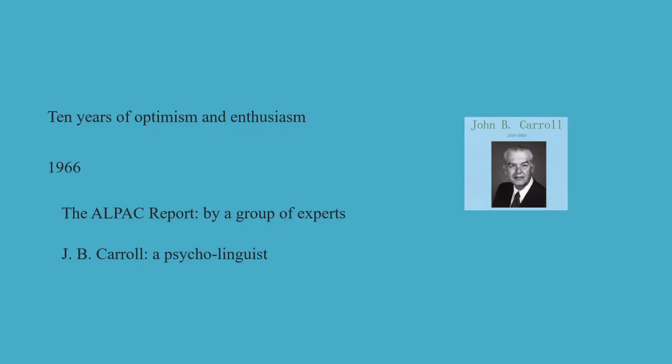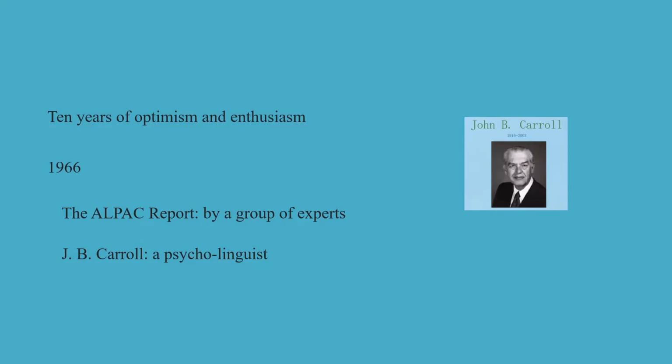So in 1966, a special committee was set up to investigate whether the investments into this field was worthwhile. So J.B. Carroll, a psycholinguist, was commissioned to lead this committee. And after some investigation, the ALPAC report was prepared and then published.